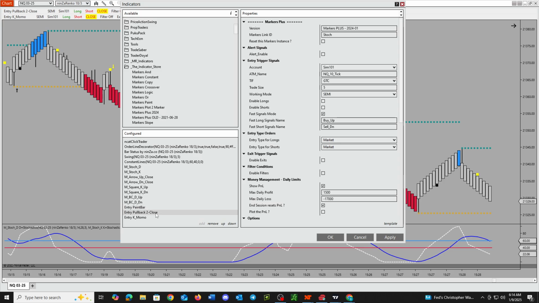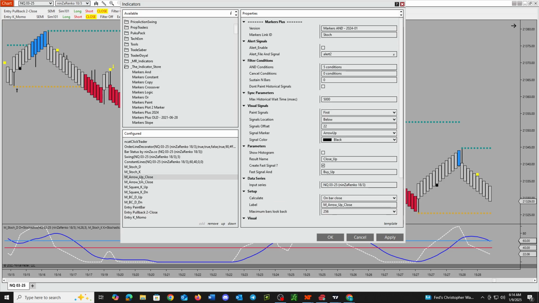Entry pullback to close, again, you can see here what triggers that are the fast long and short signals, buy up, sell down, and we go back up here to the arrows, which is what this thing is looking for, and you'll see fast signal buy up, fast signal sell down.